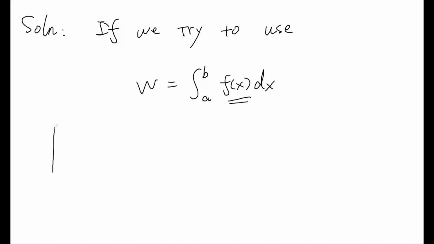So let's first try to picture the situation in this example. We have a tall building, which is tall enough, and a cable that hangs vertically from the top of the building.